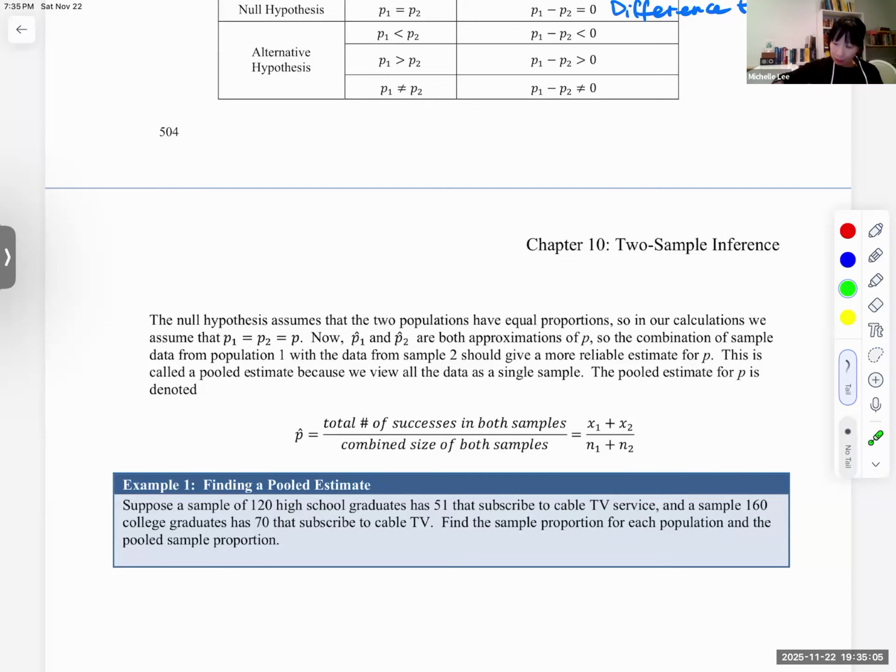Let me write it down: pooled estimate, or we say the combined sample proportion.